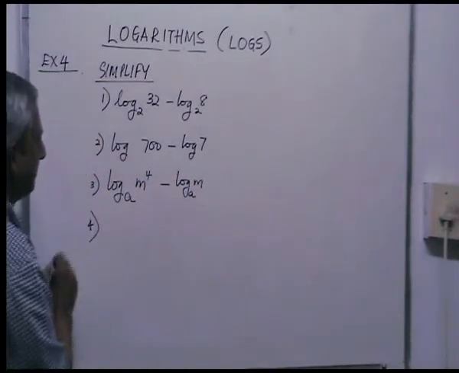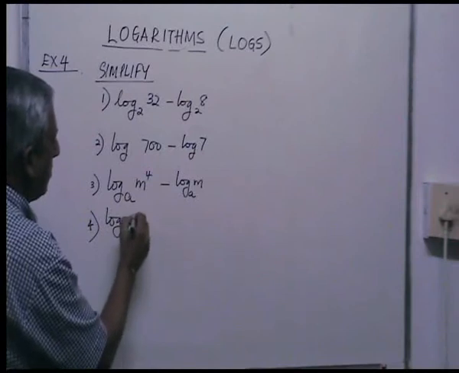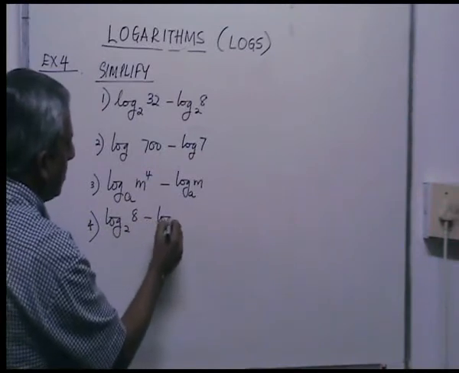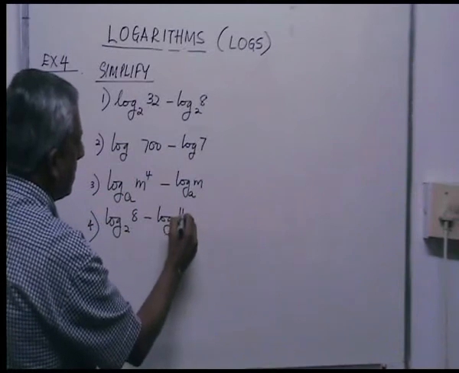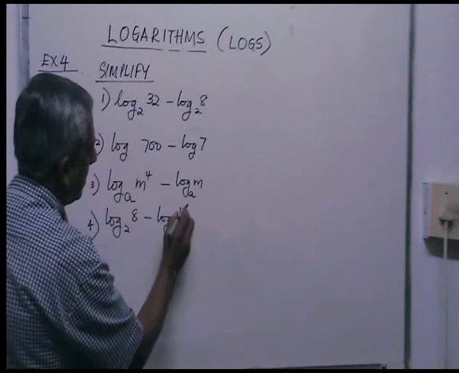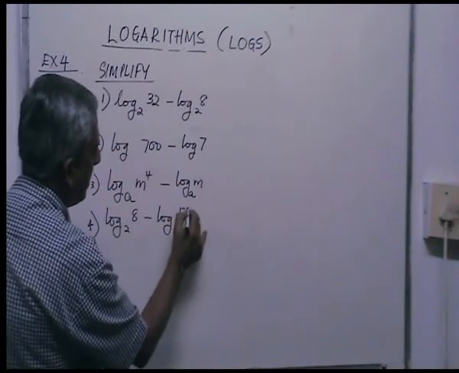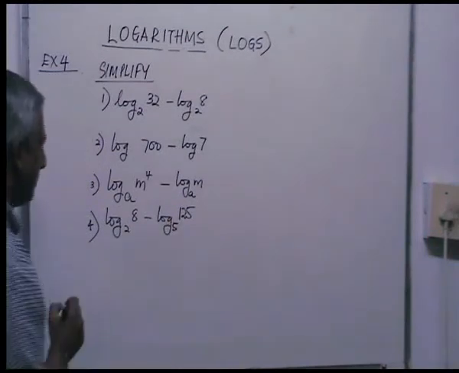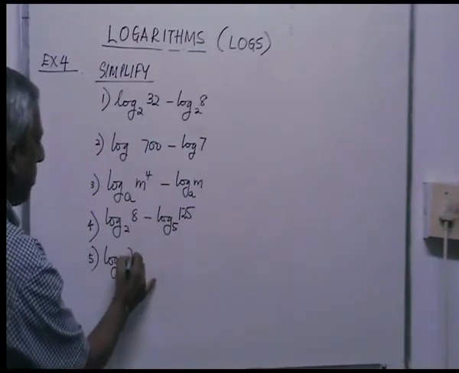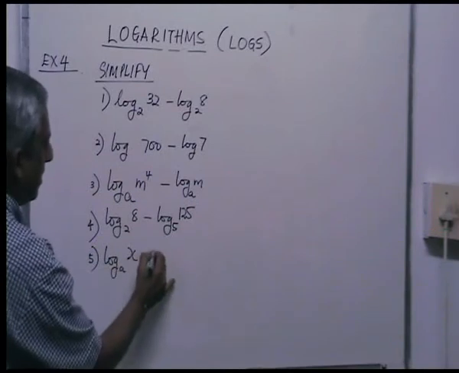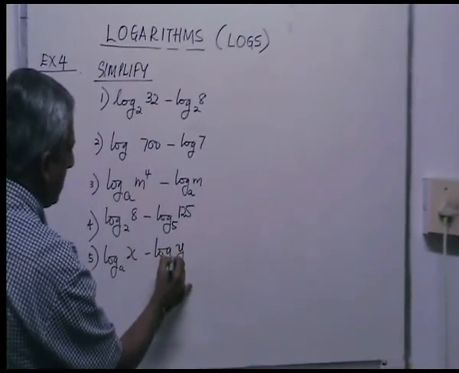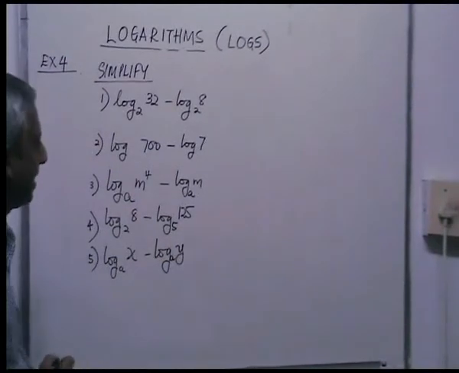Number 4, log of 8 to the base 2 minus log of 125 to the base 5. And number 5, log of x to the base a minus log of y to the base a.